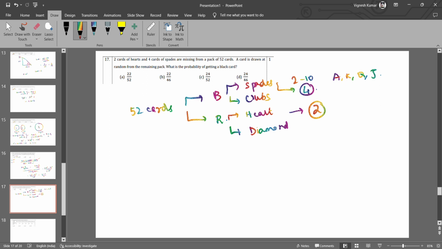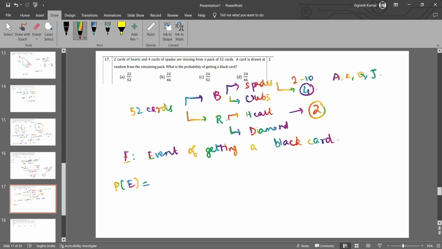A card is drawn at random from the remaining pack. What is the probability of getting a black card? So for this event, let us suppose the event is E, which is the event of getting a black card. So for finding P of E, what are the favorable outcomes? That means, what are the chances that the taken card is a black card?